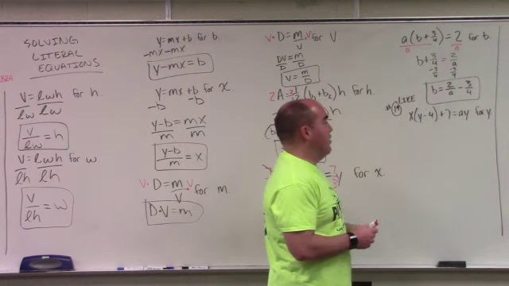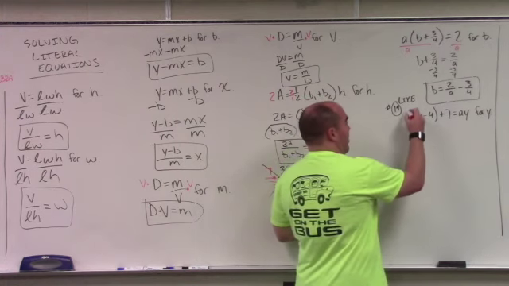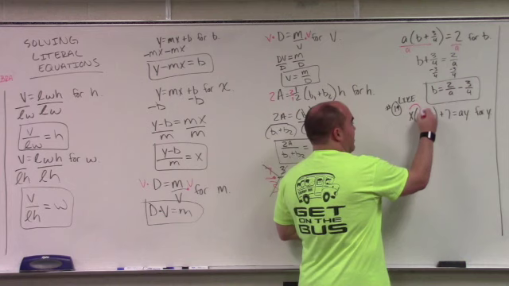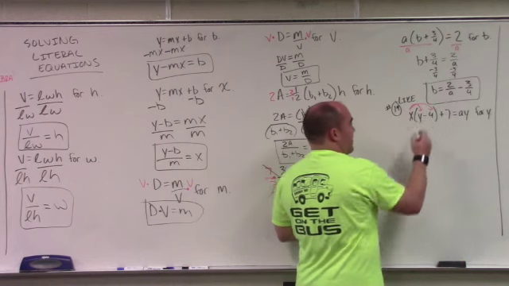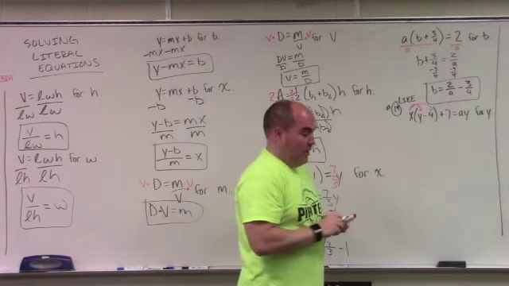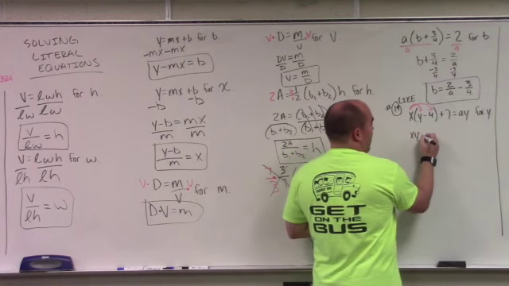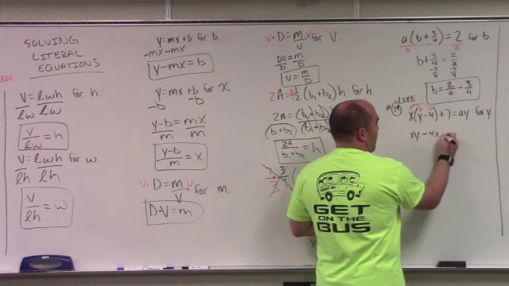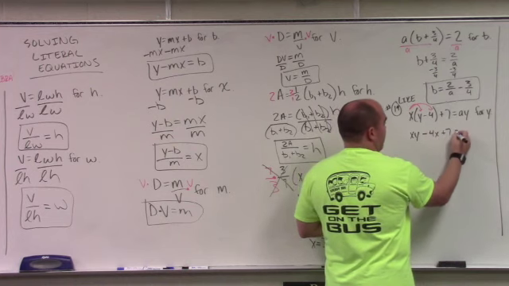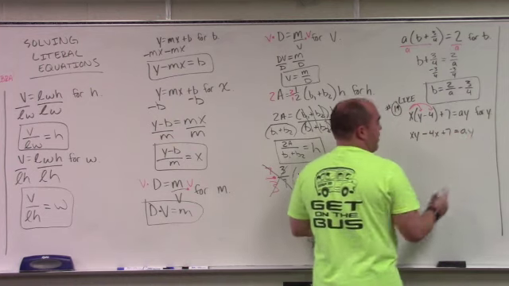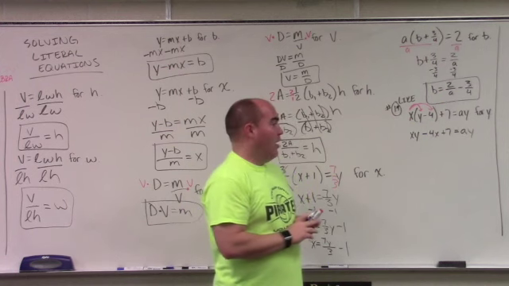So what we do need to do is the distributive property. So x times the y and x times the negative 4. You're going to get xy, then minus 4x, plus 7, and then equals ay.